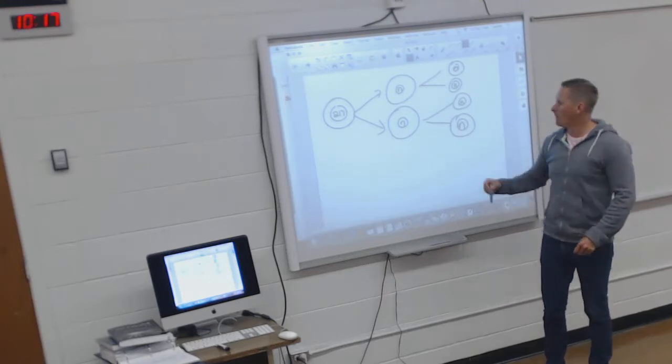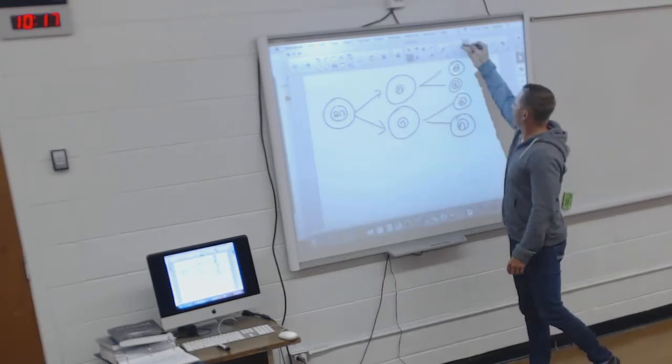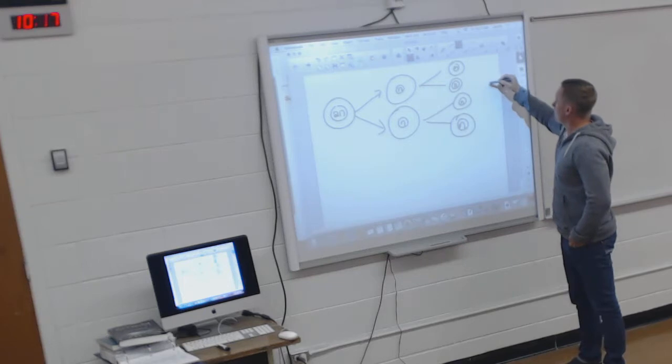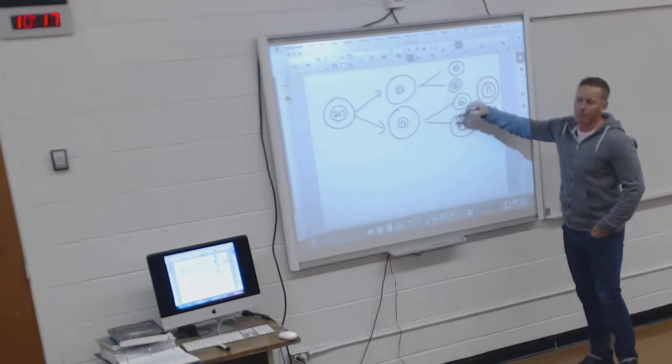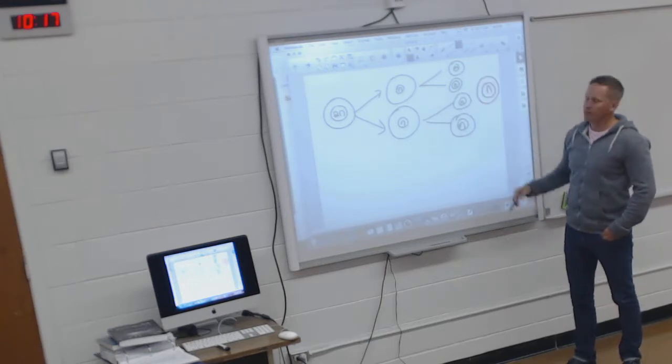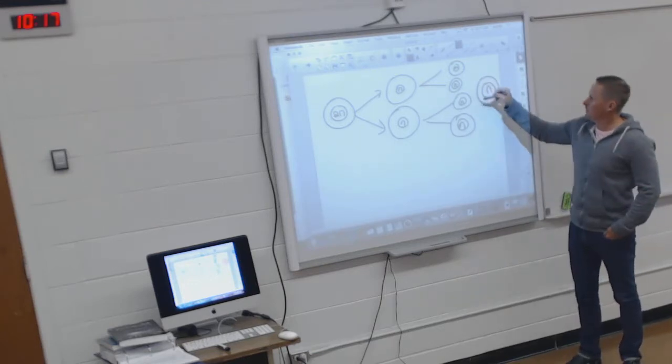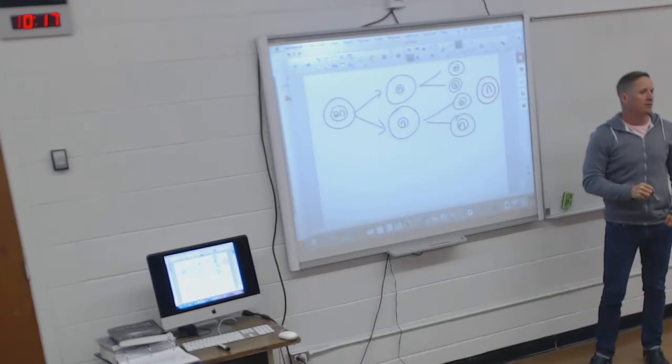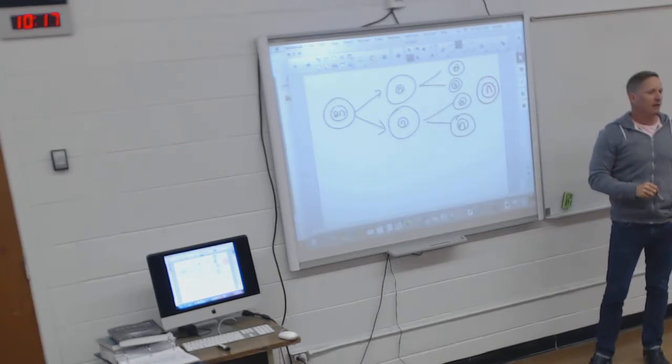Now what happens? If these are all male sperm cells, they're haploid cells, and the female egg is going to take one of those haploid cells, and they're going to combine.